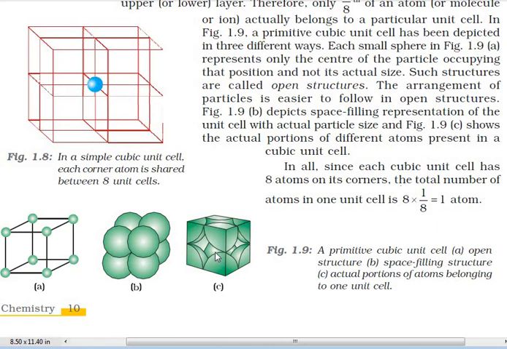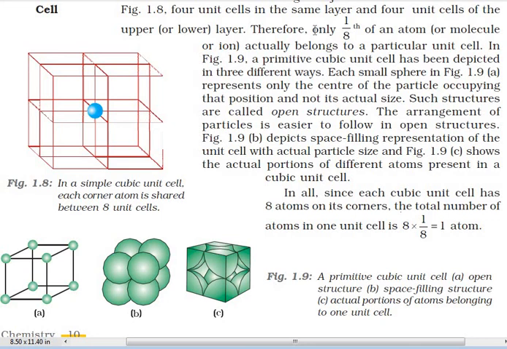Now what I am trying to say is that only 1/8 of the atom is actually contributing. Now you can see this is a 1/8 part of each of the 8 corners, which is actually contributing and making a cubic cell.